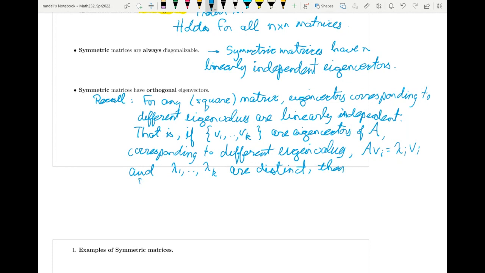Then this set, v1 to vk, is a linearly independent set of vectors. That's what we mean by eigenvectors associated to different eigenvalues being linearly independent.